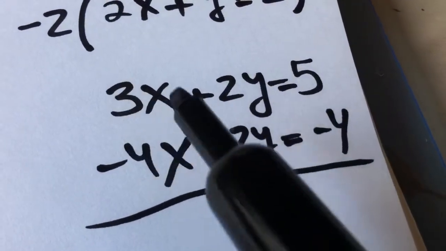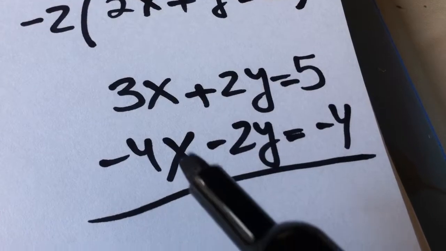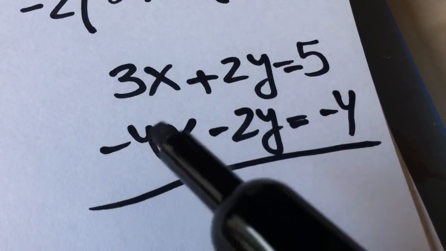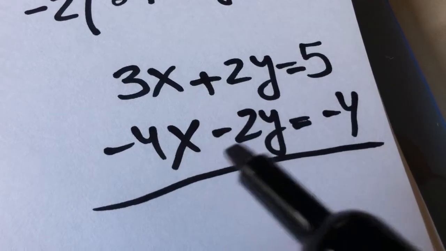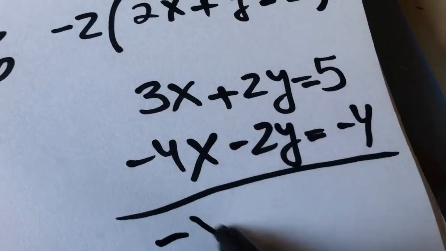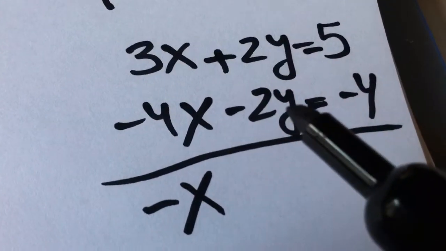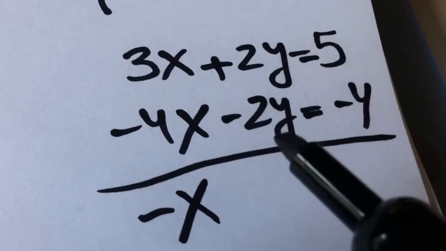And I'll have 3x minus 4x is just minus x, right? It's like 3 minus 4 is negative 1, and I'll just leave the x in there. So I'll have minus x. 2y minus 2y is 0, so I'm just not going to write anything down.